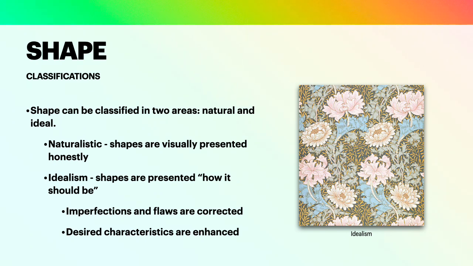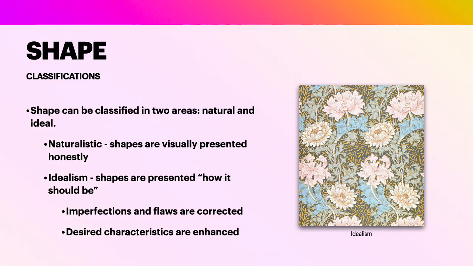Shape. So the classification of shape includes two areas, which are natural and ideal. So in a naturalistic approach, a designer seeks to copy the world, attempting to present an honest visual appearance of shapes in the world around us.